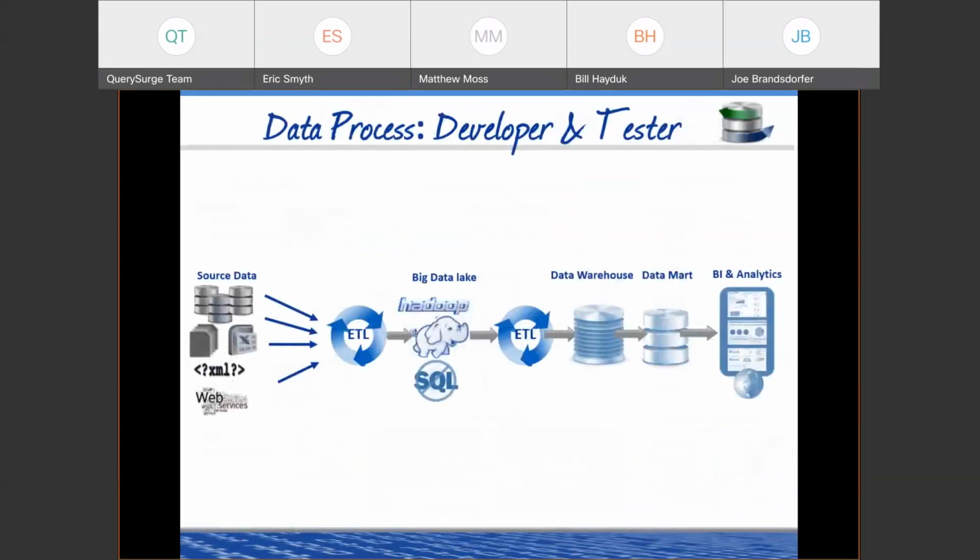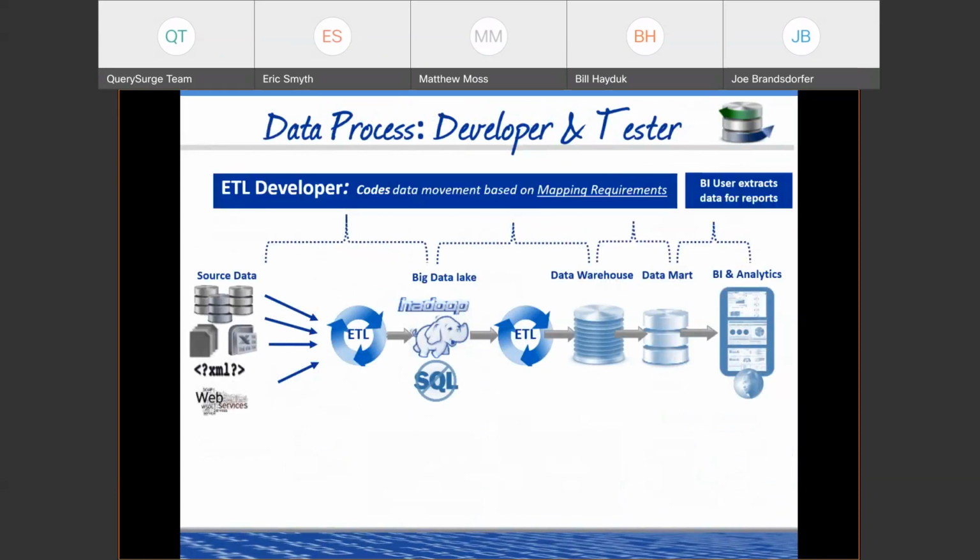From a process perspective, if you take a look at our simplified data architecture, we know that the way data is moved from point to point is that ETL developers will write scripts to code that data movement based off of some type of requirement or mapping document. Typically, this will be done in Python scripts, and those mapping documents will include where the data is coming from, where it's going to, and what manipulation has to happen to the data in order to fit into the new schema.